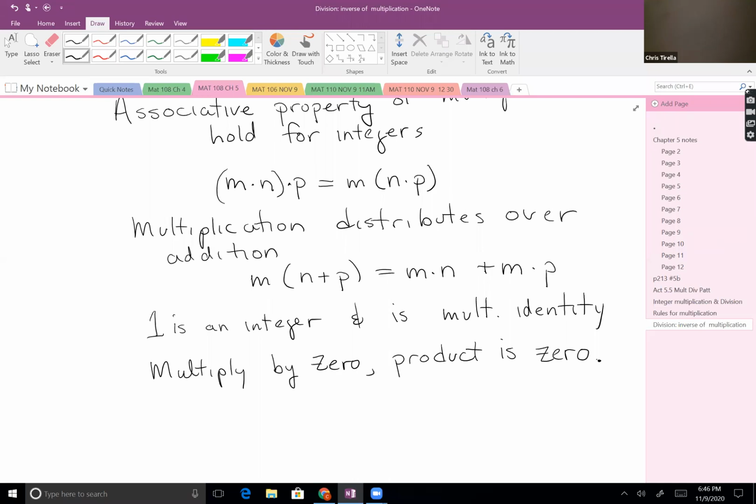The homework for chapter 5 involves all of that.